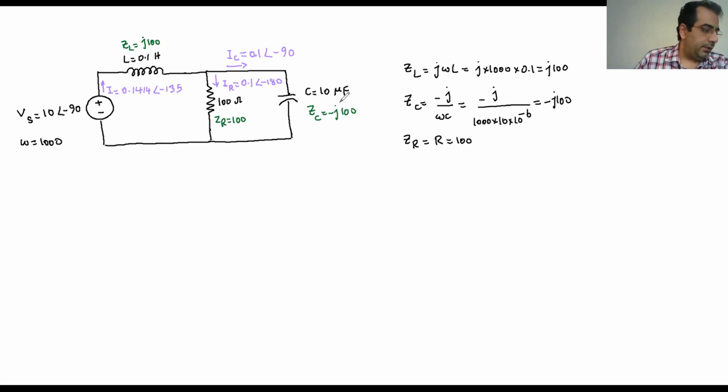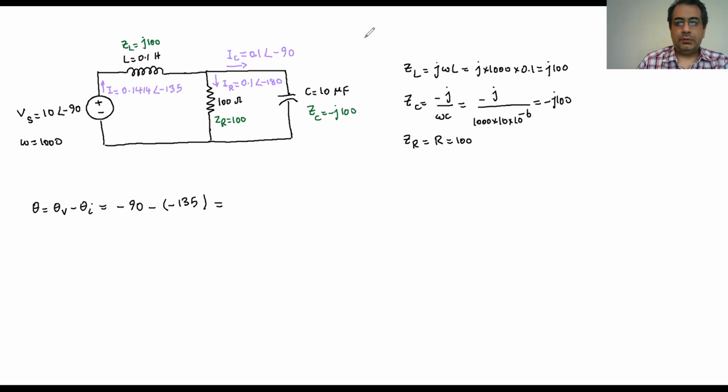First of all, I would calculate the theta, which is theta V minus theta I. The theta V is the voltage source angle, which is negative 90, and the theta I is negative 135, so minus negative 135.